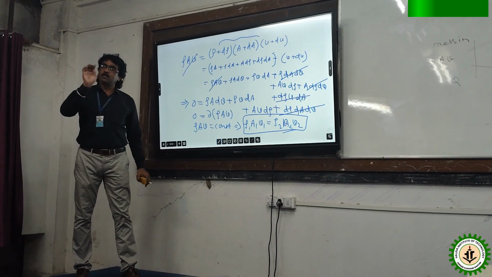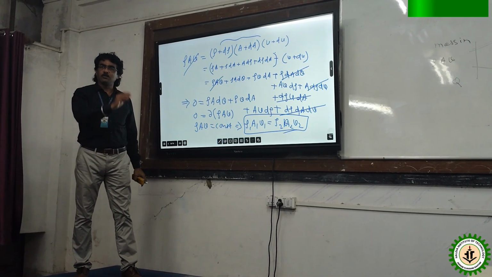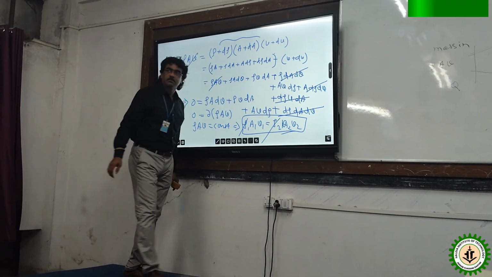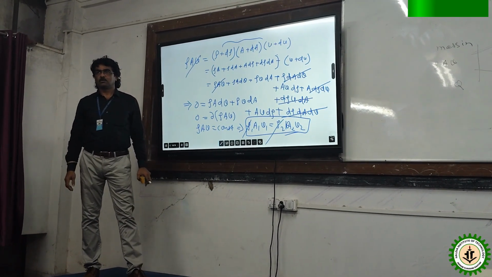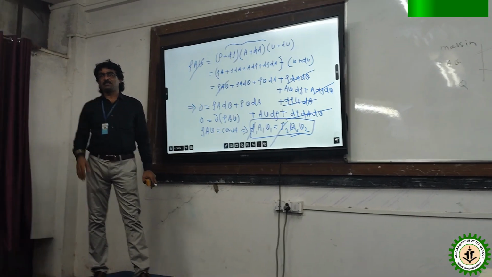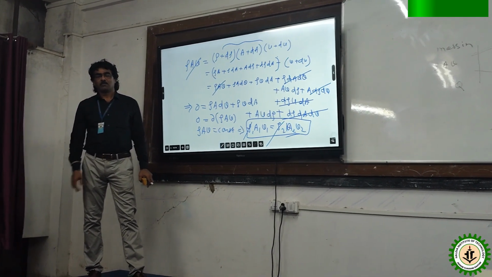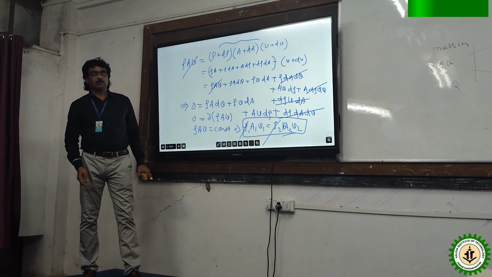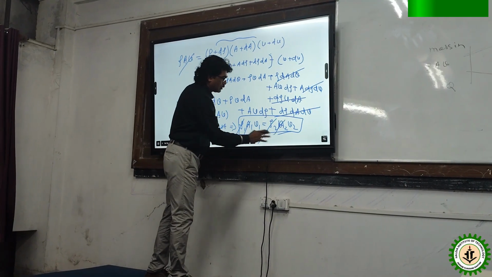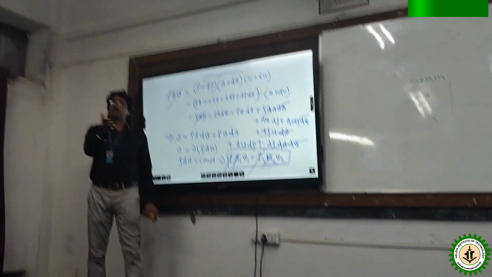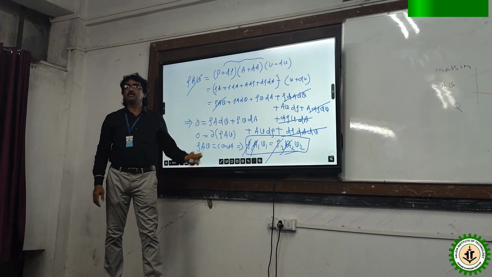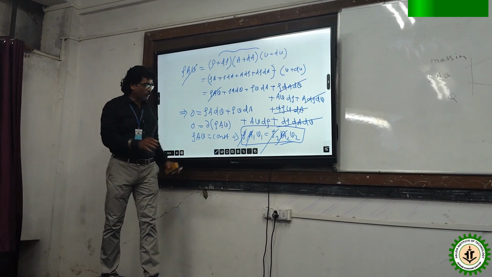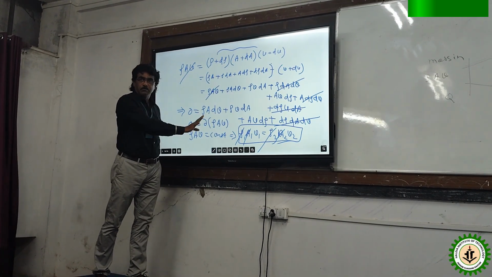If the flow is incompressible, what should the continuity equation be? These two will be cancelled. Understood? If the cross-sectional area is equal, A1 is equal to A2, that means whatever the velocity at the inlet, the same velocity at the outlet. So like this you have to interpret this equation.